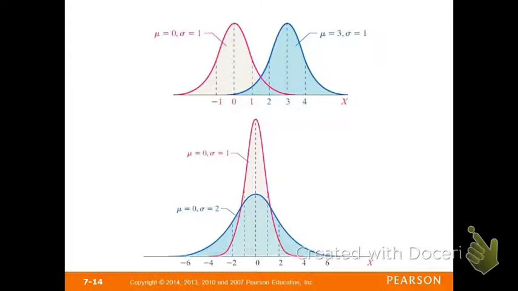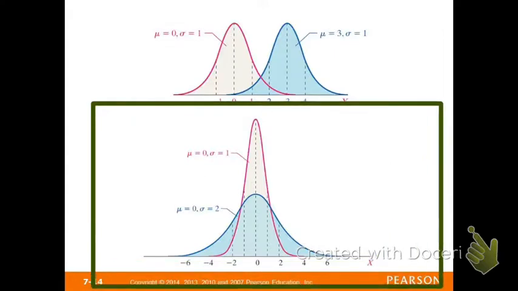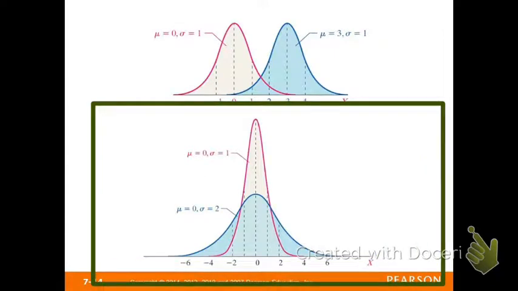So let's look at these two graphs in comparison down here on the bottom. You can see that the pink graph has a mean of 0, and it looks like it changes shape there, at 1. So the mean is 0 and the standard deviation is 1.